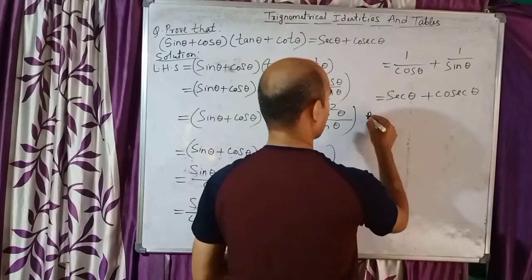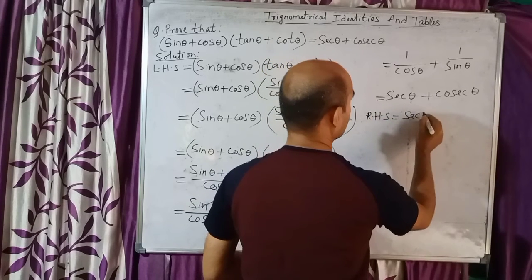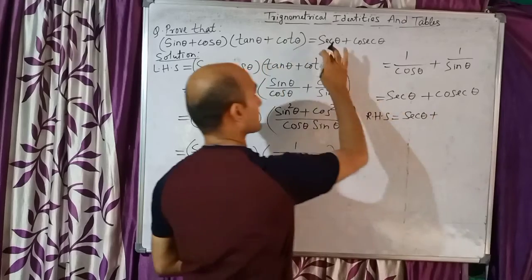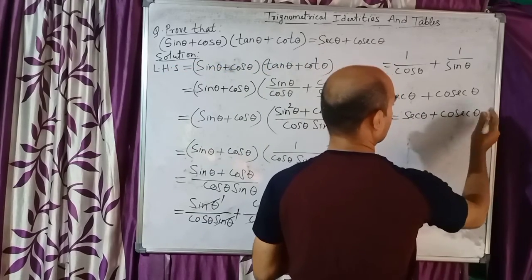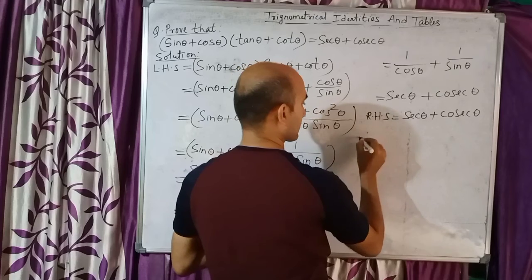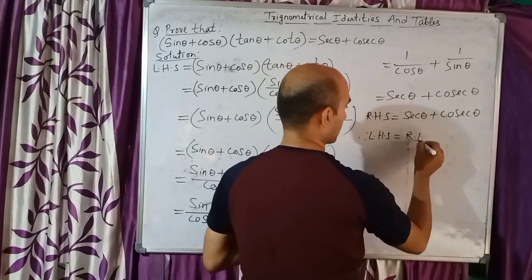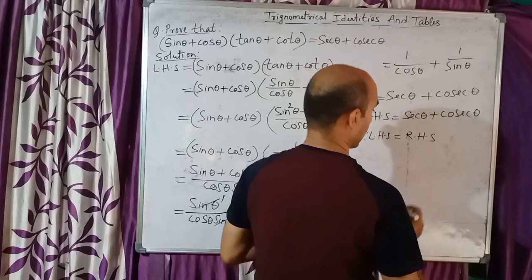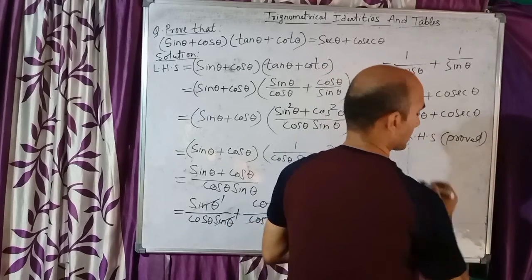But first of all, you write RHS is equal to sec theta plus cosec theta. So it is matching with this, that means left hand side is equal to right hand side, and it is proved.